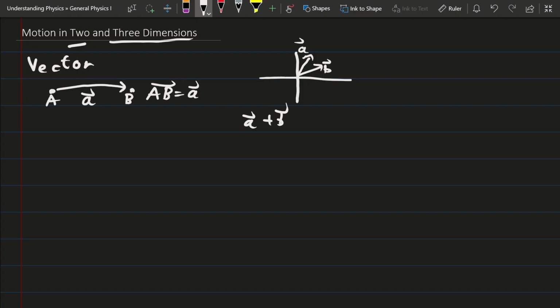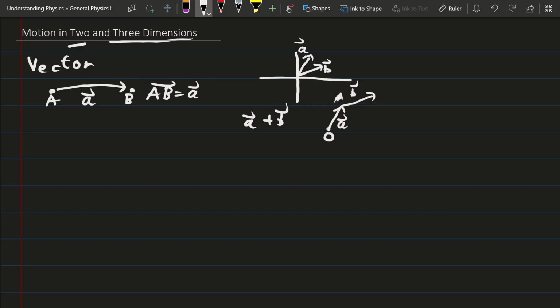The way that we will do this is that you will first draw your first vector, vector A, and then you will put the tail of the second vector on the head. This is basically stating that I want to move from this origin point to a certain point, and then move another certain distance.